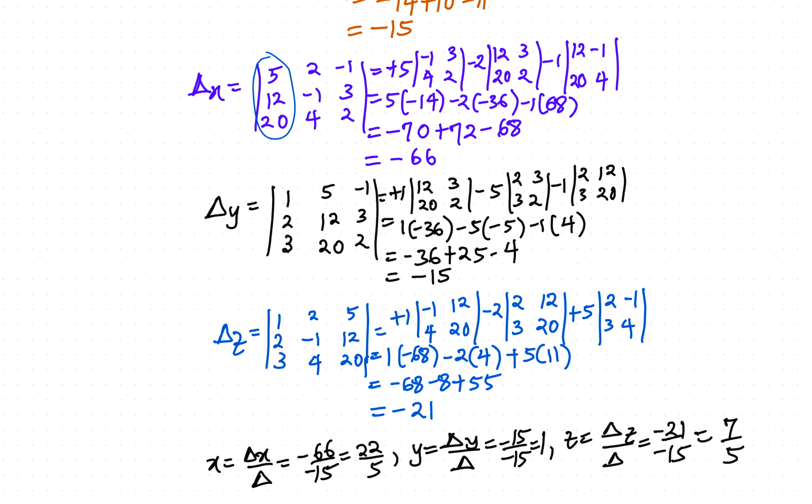So again, we have the signs attached. That is plus, minus, plus as usual. So we have plus 5 cross this and this. You have minus 1, 3, 4, 2 here. Then the next thing is you have minus 2, this minus 2, and then you cross the column, cross the row.